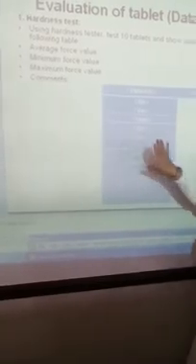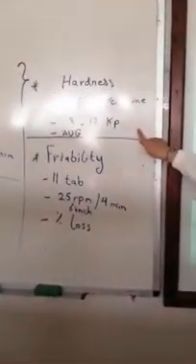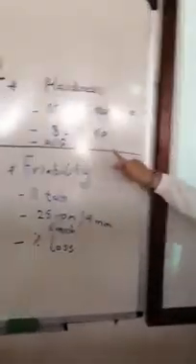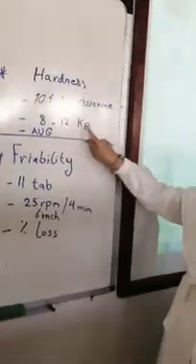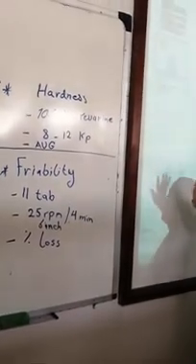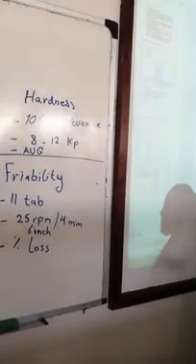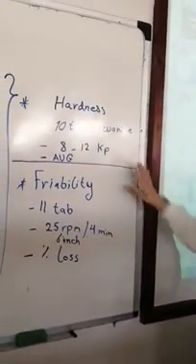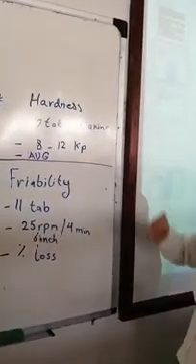And the comment will be by comparing the average force with 8 to 12 kilopound. If our sample is within 8 to 12, it is within the required range. We cannot accept or reject that because this is an unofficial test.